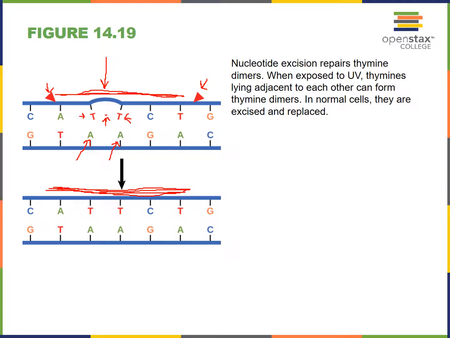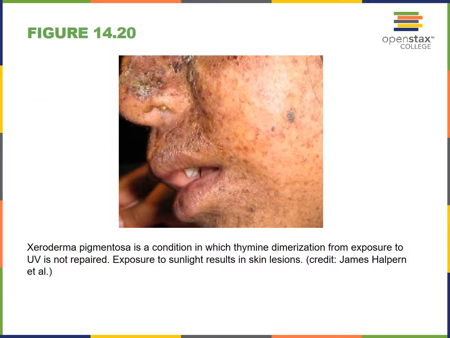And that way you can get hydrogen bonding between the thymines and their adenines, and you remove the thymine dimer. Now, if you don't repair thymine dimers, you can get mutations in your DNA and possibly skin lesions or skin cancer.